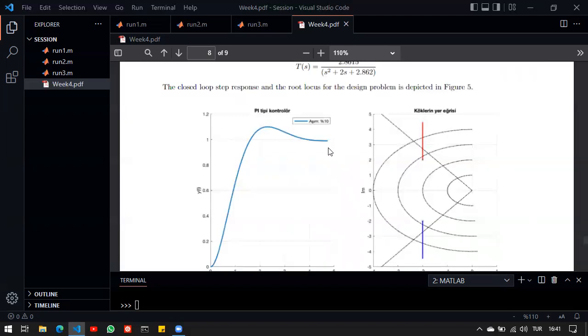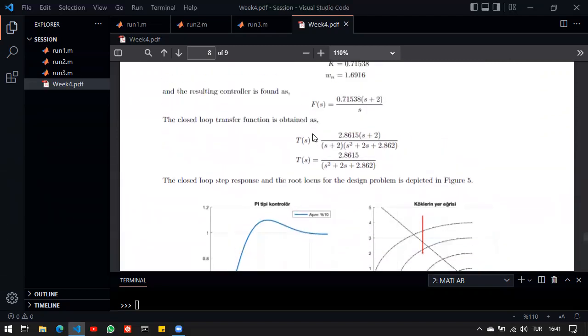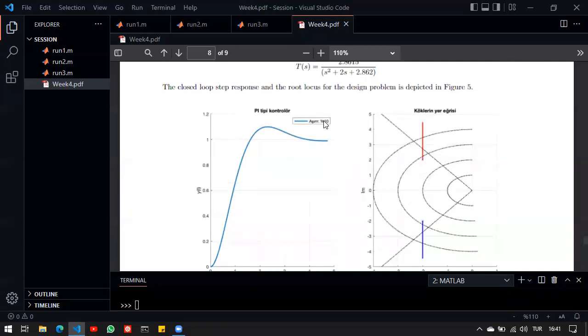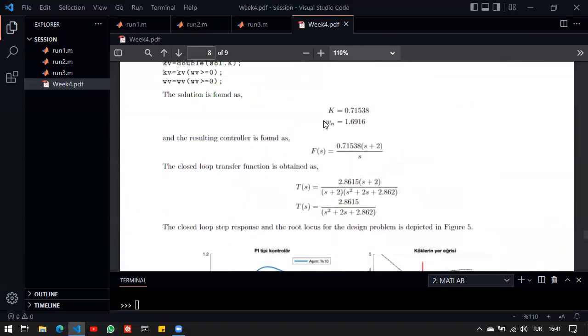Now, if you're trying to track step type inputs, then 1 pole at the origin is sufficient. But if you want to, for example, track ramp type inputs, then you might need to add another one. So yeah.